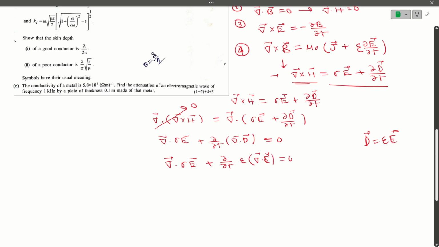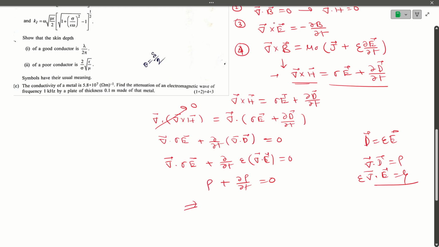So divergence of sigma E plus del T of epsilon into divergence E. Okay. So divergence D is basically rho, so we can replace this: divergence rho here plus del rho by del T. Sorry, this is only rho.